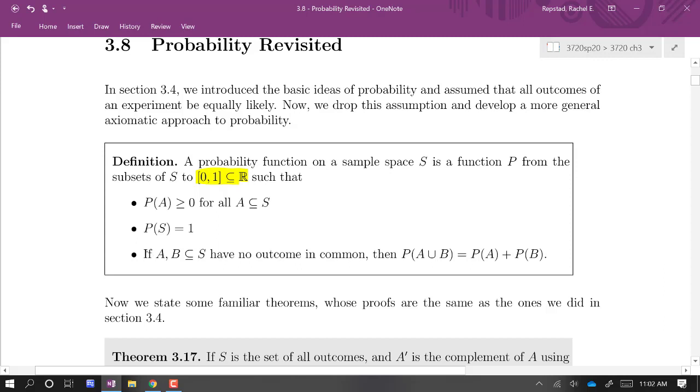And, this is part of the definition, if A and B are subsets of S, and A and B are mutually exclusive events, then the probability of A union B is the probability of A plus the probability of B. It's part of the definition, but it seems like an obvious thing to include, because if the events don't overlap at all, we should be able to find the probability of the union by adding those probabilities.